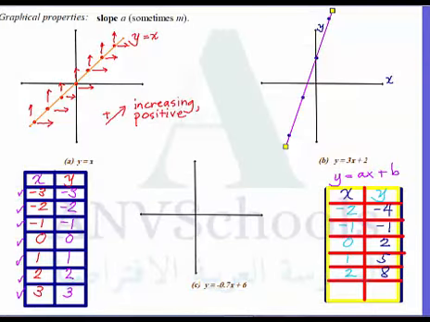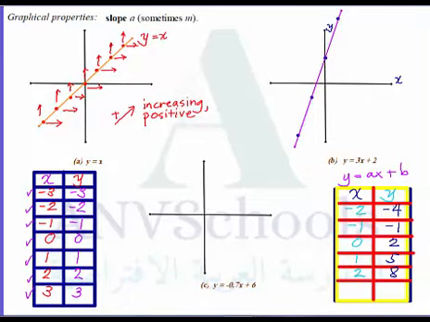So getting rid of the grid lines will give us this graph, okay? And this graph is our function y is equal to 3x plus 2. And our slope is 3.